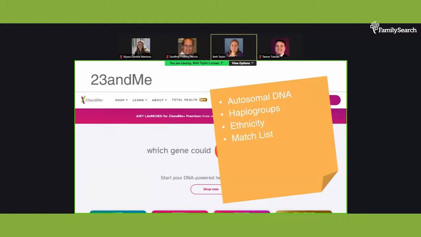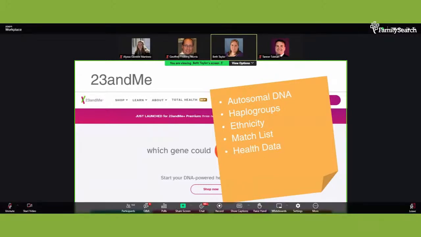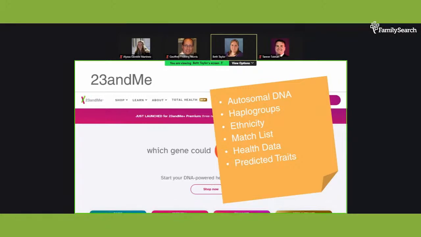They'll give you your match list. But they also, and this is an add-on that's going to cost you more, provide health data and predicted traits. They're doing both genealogy and providing DNA for health purposes, which I think is really interesting to see. And then one of my favorite things is they will tell you your Neanderthal percentage, what percentage Neanderthal you are.